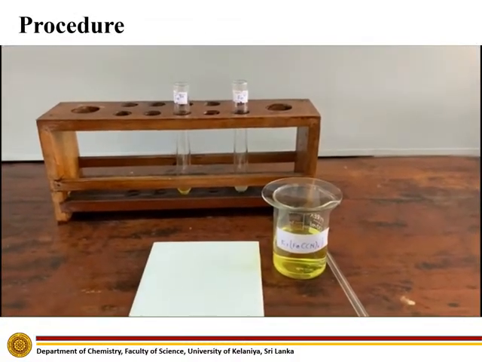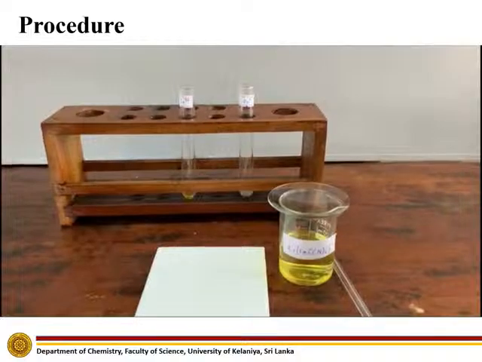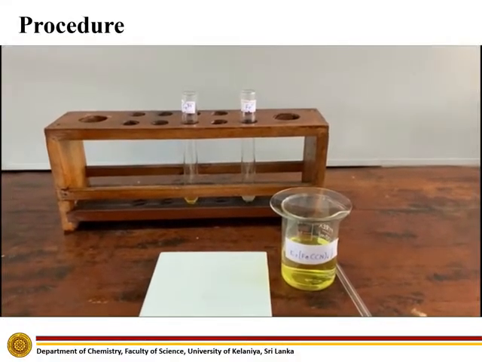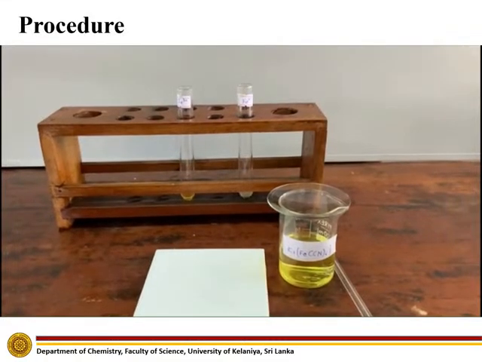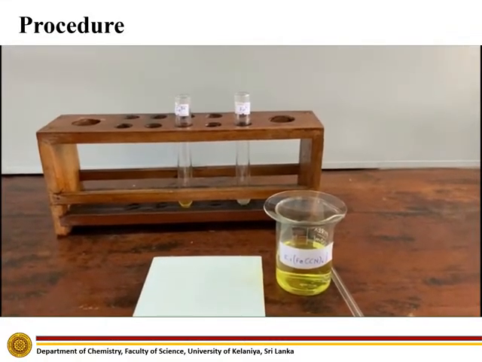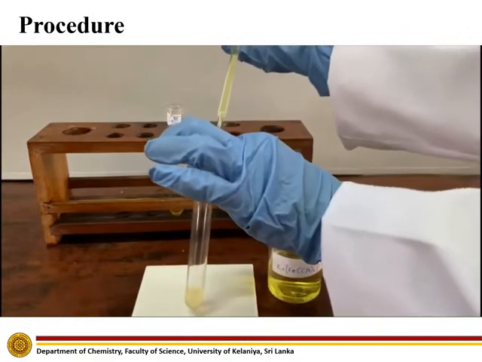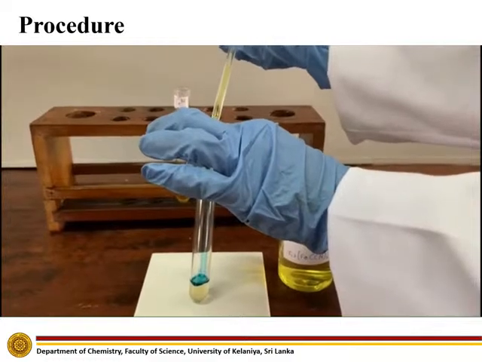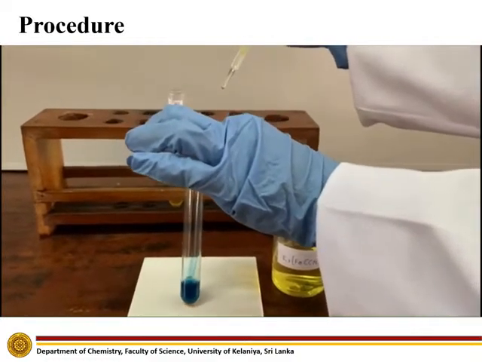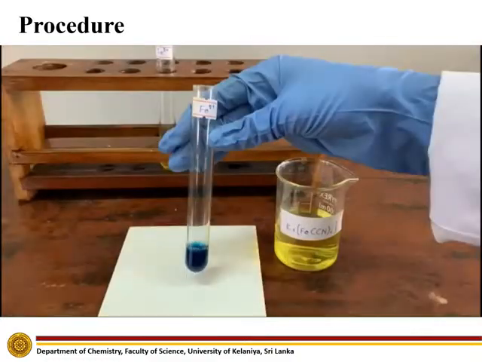Procedure: add potassium ferricyanide to the ferrous and ferric ion solutions. Ferrous ion solution will give a dark blue color precipitate.